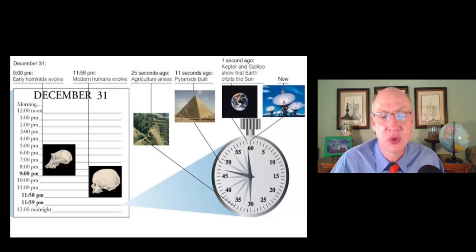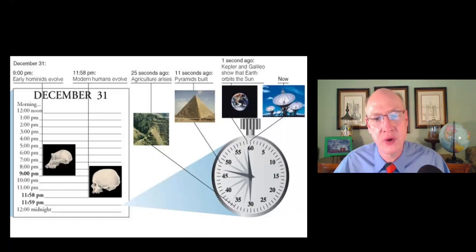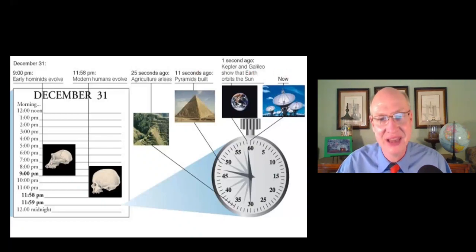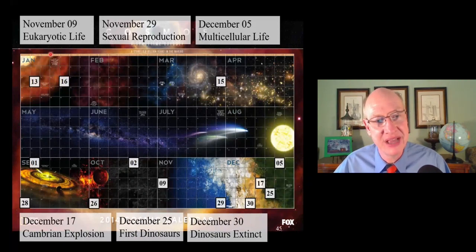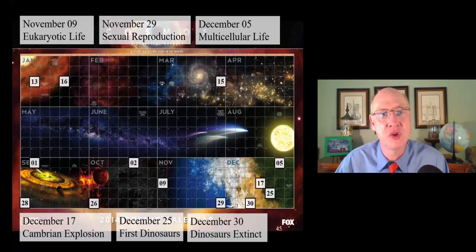Everything that we think of as recorded history, all of recorded history, has happened in the last few seconds on the cosmic calendar, where we have the history going from the Big Bang on January 1st, all the way down to the end of the year. All of recorded human history has been in the last few seconds. So our universe is both vast and ancient.